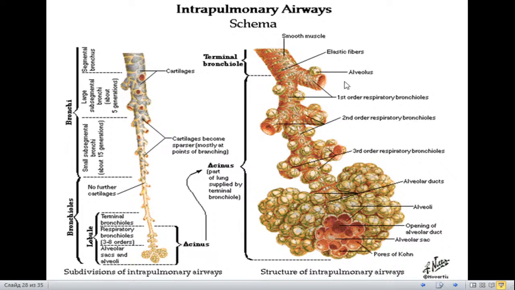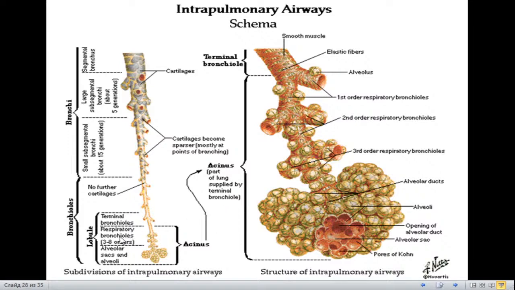The structural functional unit of the lung is acinus, and it's all structures which begin from one terminal bronchiole.